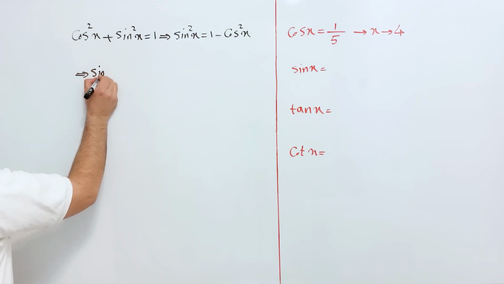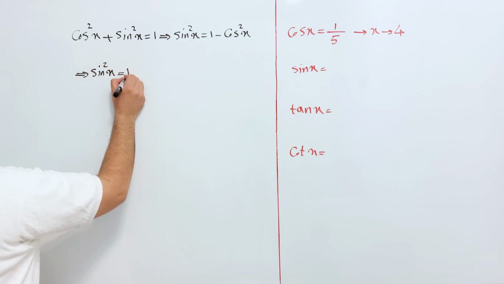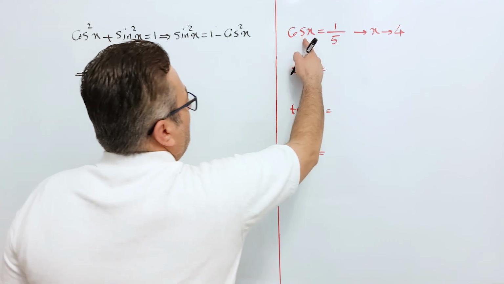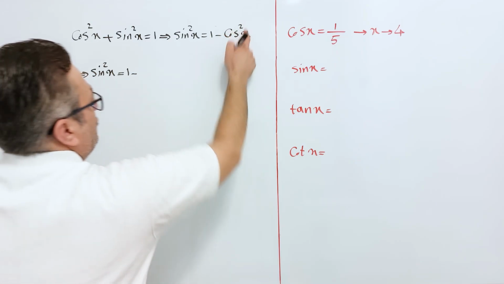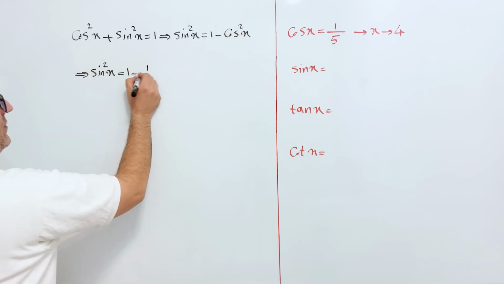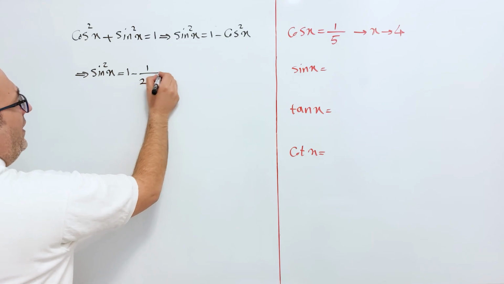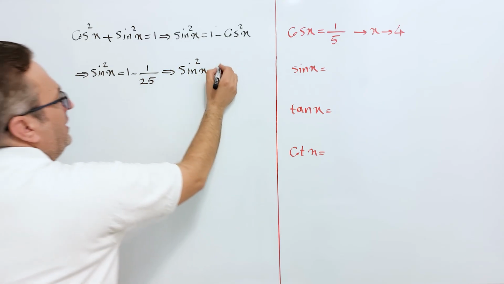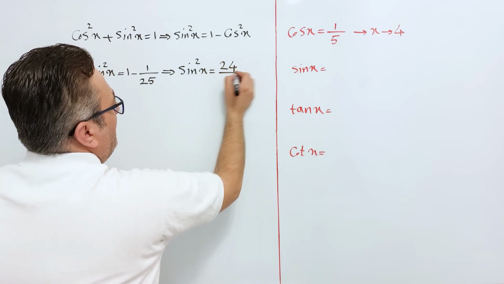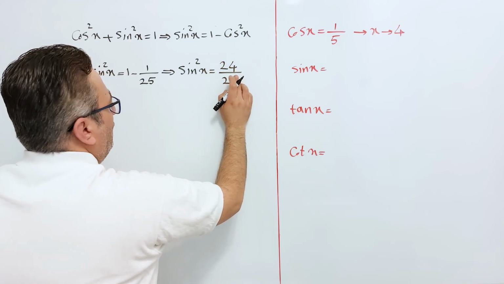Cosine x is equal to 1 over 5, so cosine squared is equal to 1 over 25. So sine squared x is equal to 24 divided by 25.